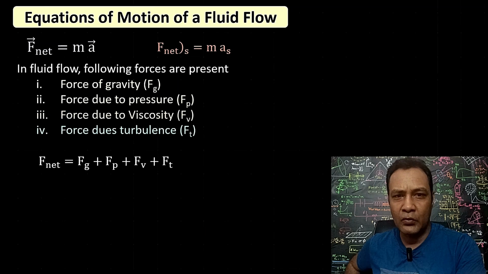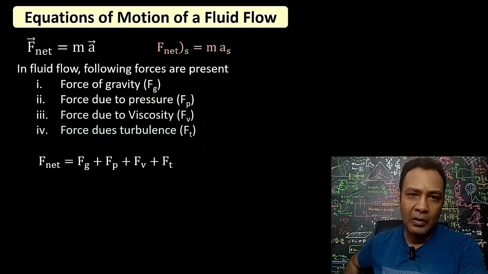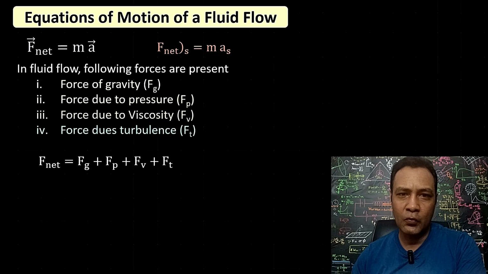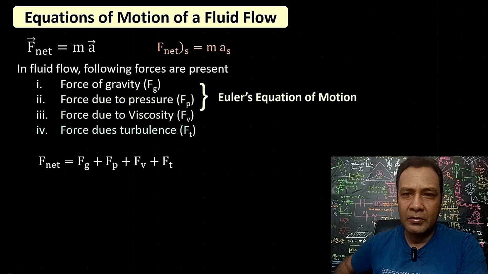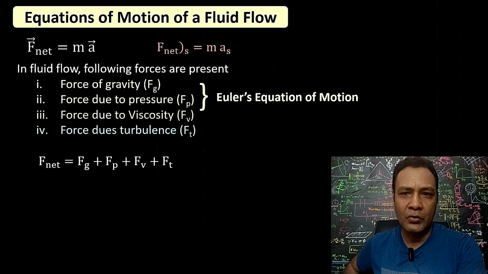If the first three forces are present, with no turbulence force, but force of gravity, force of pressure and force due to viscosity, then the equation of motion for fluid flow is called the Navier-Stokes equation. And if only two forces, gravity and pressure, are present, as in the case of an ideal fluid, then the equation of fluid flow is called Euler's equation of motion, and that is the agenda of this video.